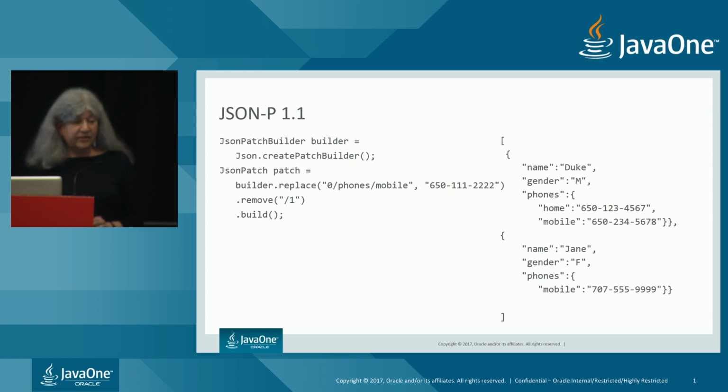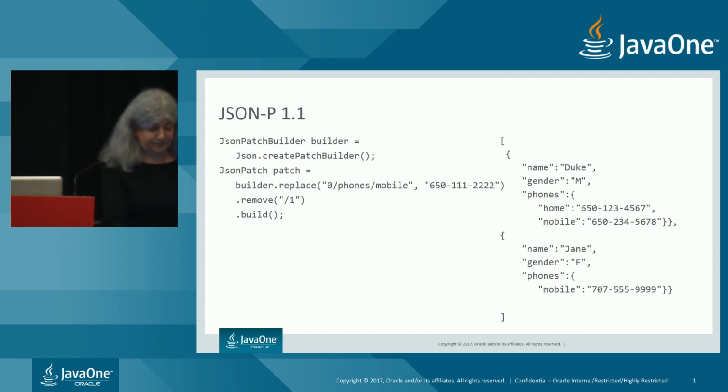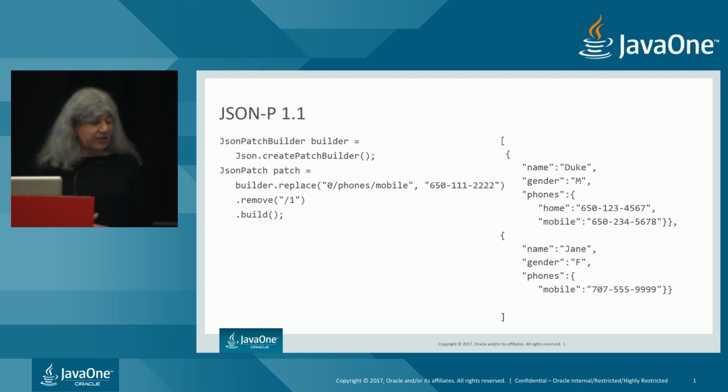So here's another example. We use the patch builder to construct the patch. And here the patch has two operations: one to replace a value, and then the second to remove the second element of the array.